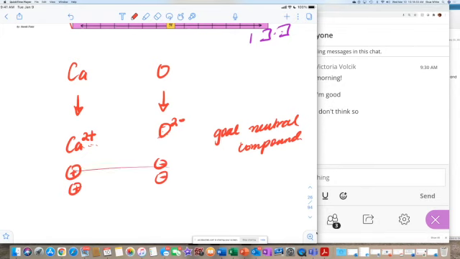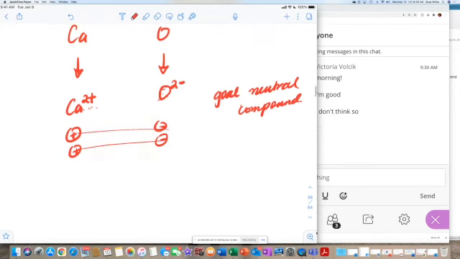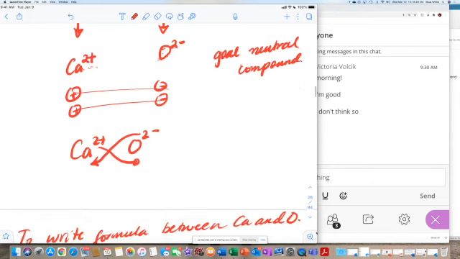It looks like we just need one of each, right, to neutralize the compound formed. So the way we show this here is by the crisscross method. Bring this 2 down here, bring this 2 down here. In the process, the charge is lost, so we get Ca sub 2, O sub 2, and then divide by 2, so we get CaO.